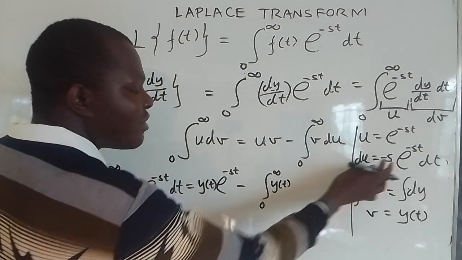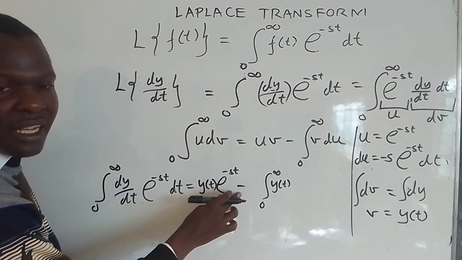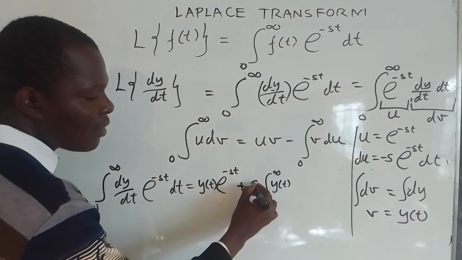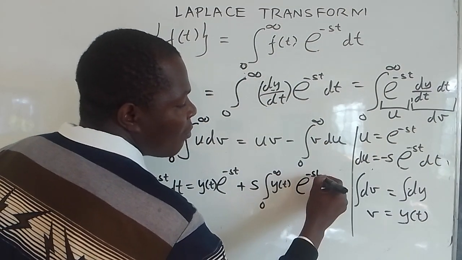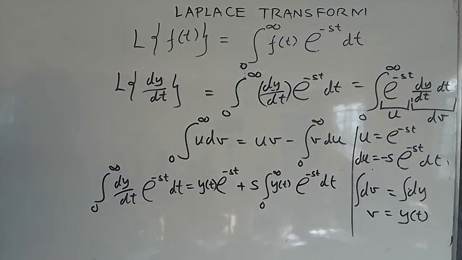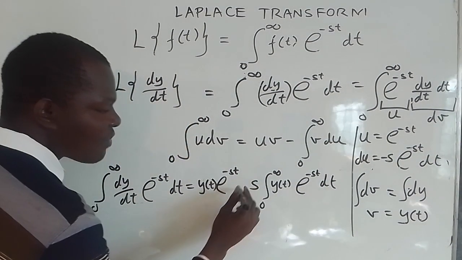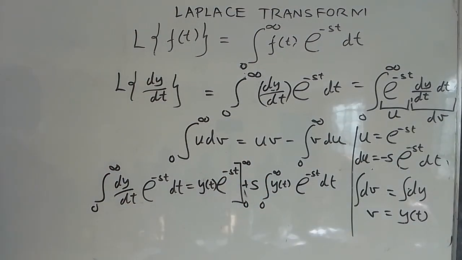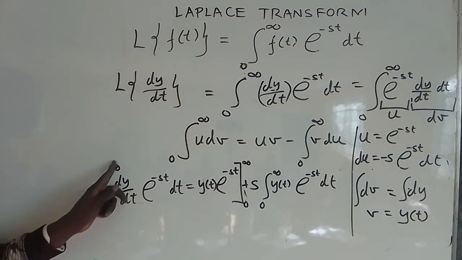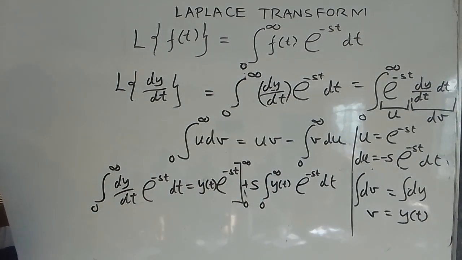What is du? Negative s. You take negative s outside. Negative times negative becomes positive s, isn't it? Then exponential minus st dt. Then after this, you put your limits of integration, from 0 to infinity. That one is still an integral, isn't it?